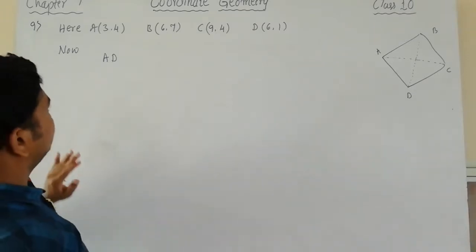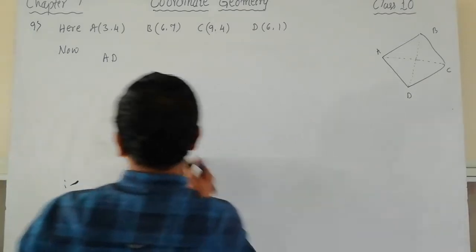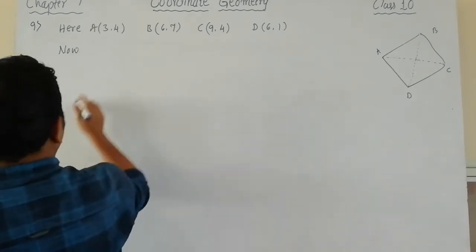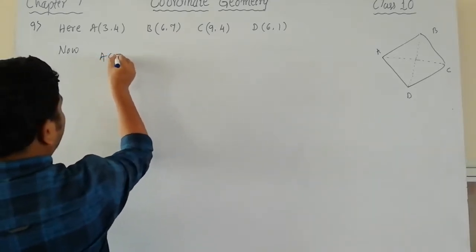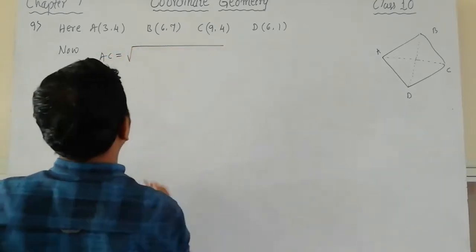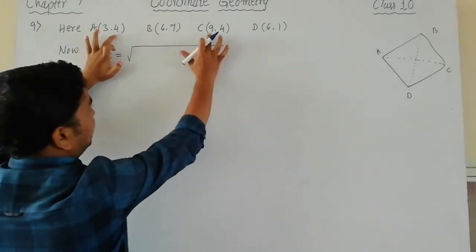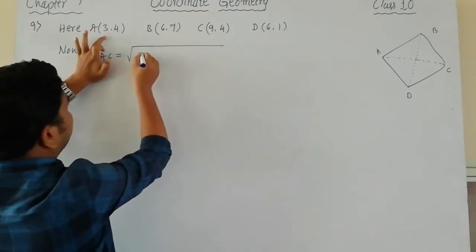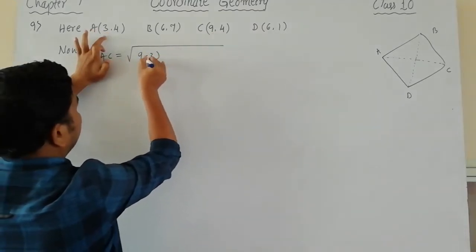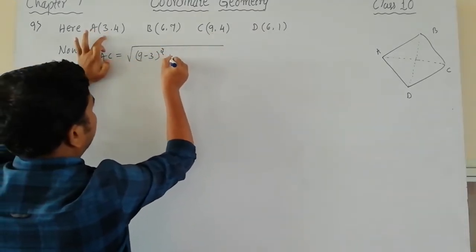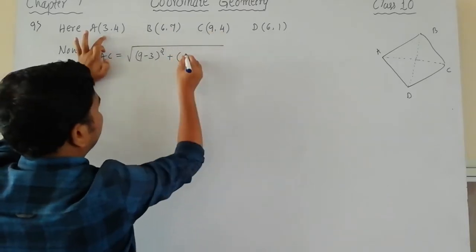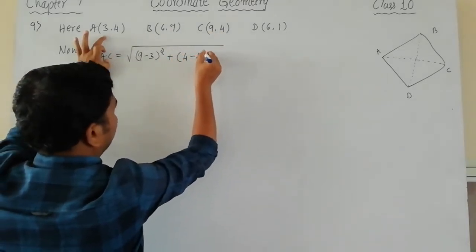Now I am going to calculate diagonal AC first. AC means A and C, x1 y1, x2 y2, 9 minus 3 whole square plus 4 minus 4 whole square.